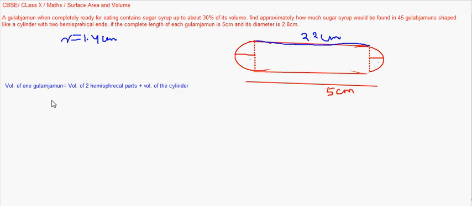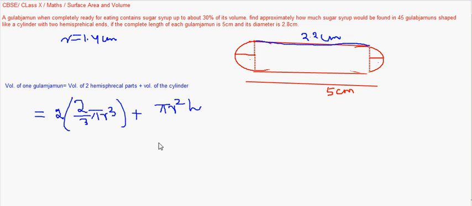Now volume of each hemispherical end is 2 by 3 pi r cube, multiplied by 2 as we have two hemispherical ends, plus volume of the cylinder, that is pi r square h.